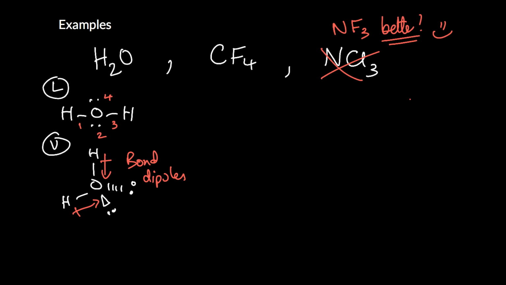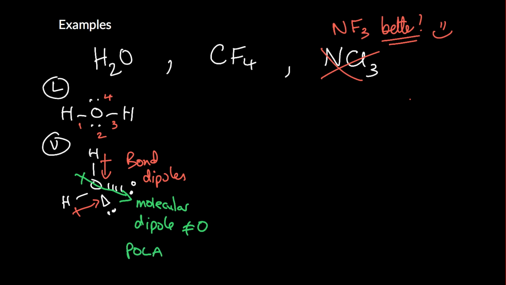So you can imagine, if you've got one pulling down and one pulling sort of up and to the right, then the net result, if you add them together, is something that moves in this overall direction here. So this is the overall molecular dipole. And if it is non-zero, that means that the molecule is polar. So we would consider water to be a polar molecule.